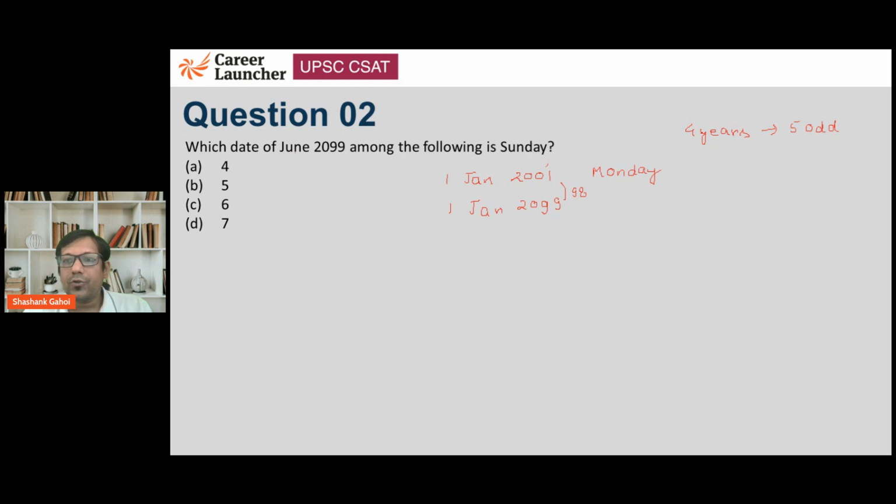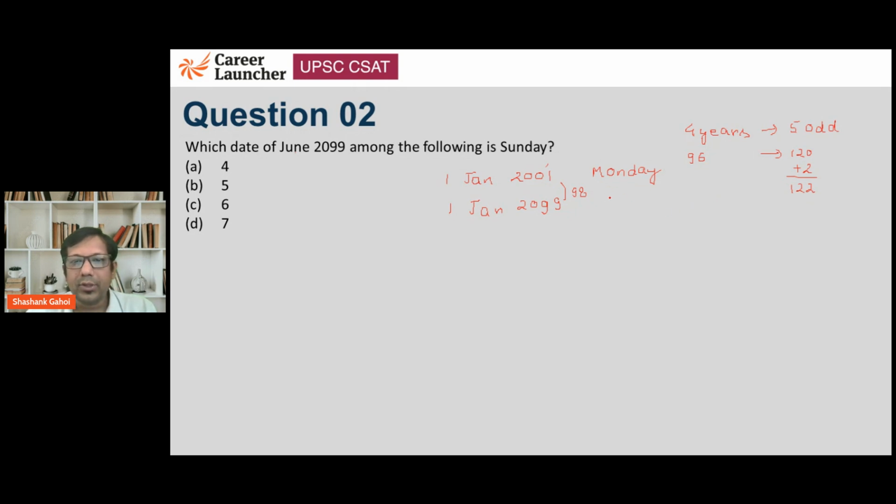So 4 years are going to give you 5 odd days. So 96 years, that is 4 into 24, will give you 5 into 24, that is 120 odd days. Now the 97th and 98th years, 2 years, are going to give you 2 more odd days. So overall number of odd days is going to be 122 in 98 years.